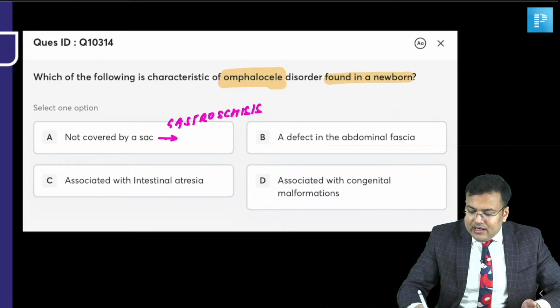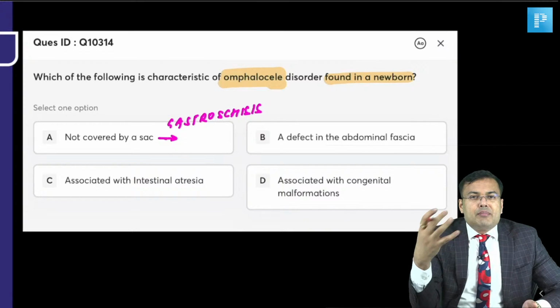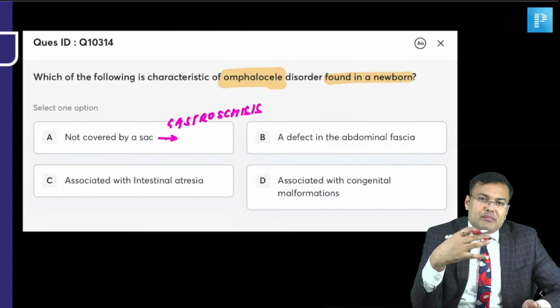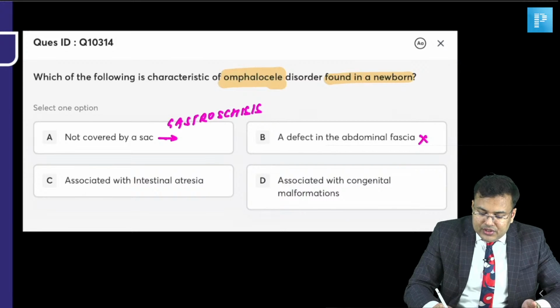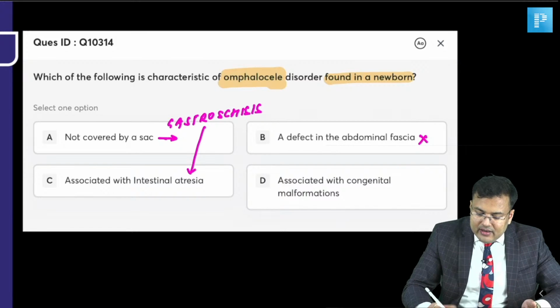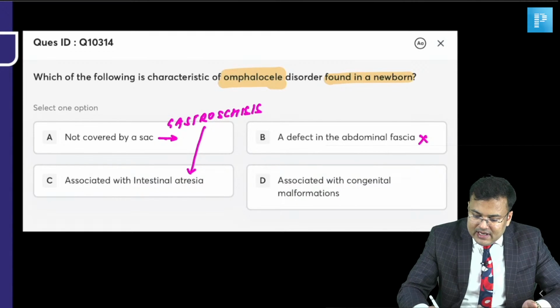Clear, guys? A defect in abdominal fascia. No, there is no defect in abdominal fascia. What's the problem? The bowel fails to return to abdominal cavity in omphalocele. Associated with intestinal atresia? It's the gastroschisis which is associated with that. And associated with what?